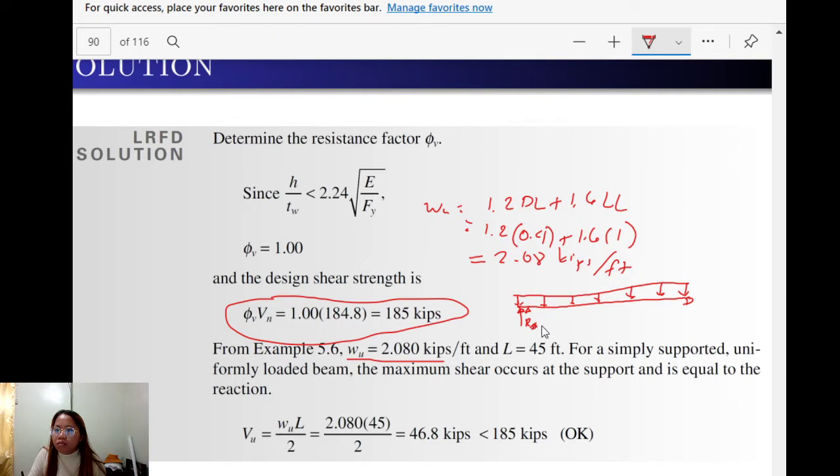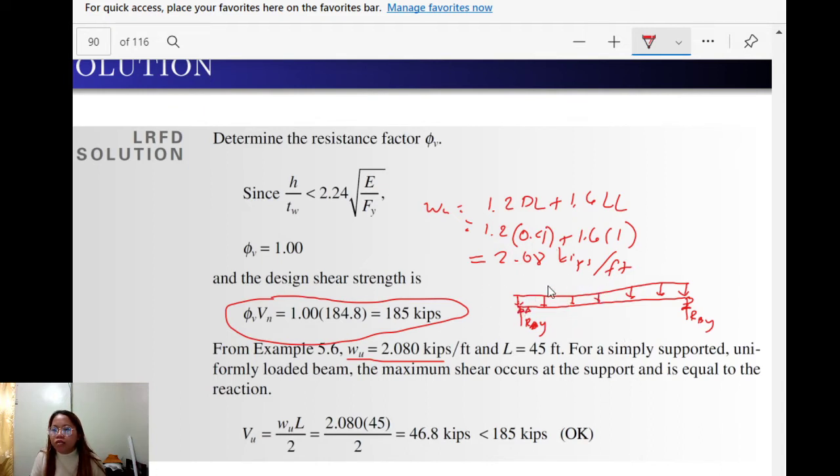Since you don't have any horizontal forces, your RAX is 0. RAY, and this is your RBY. For a simply supported beam, the maximum shear occurs at the support, right?